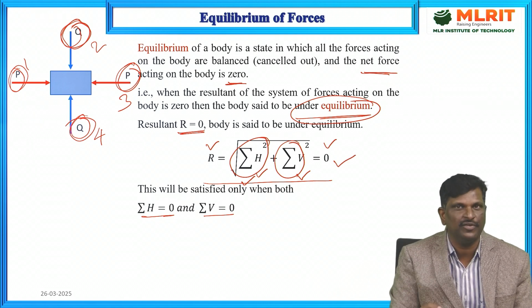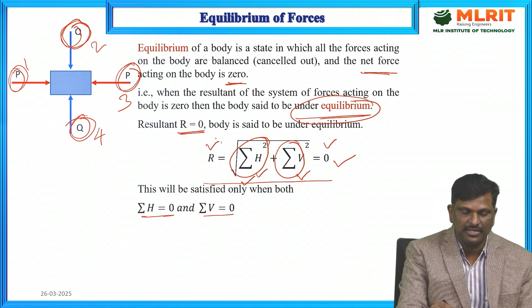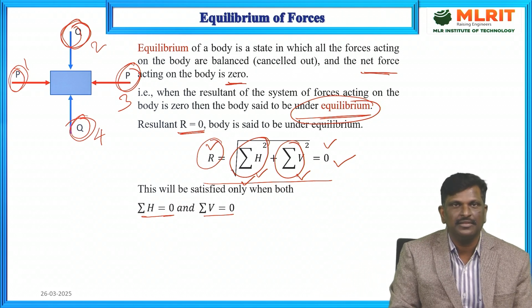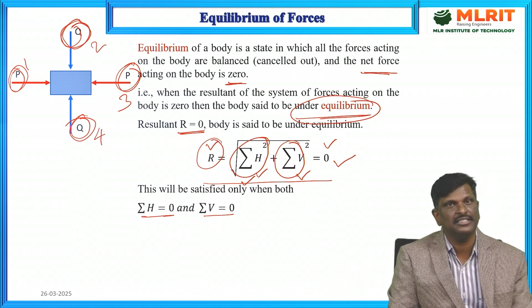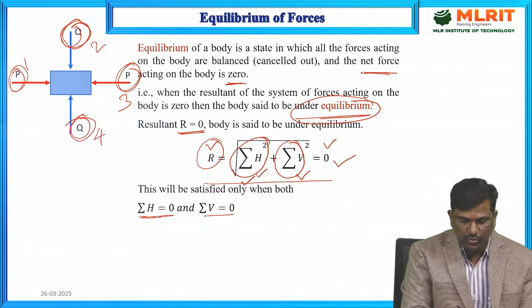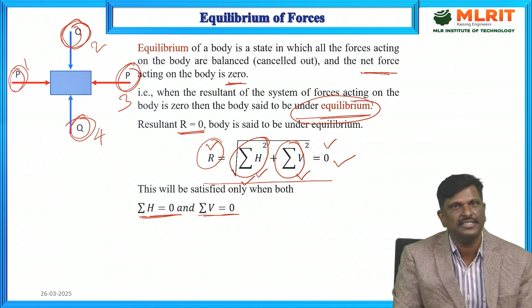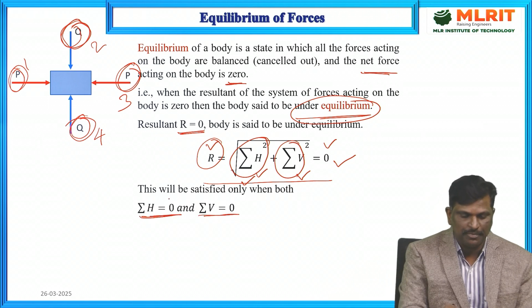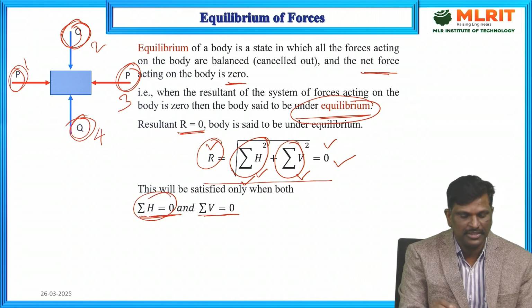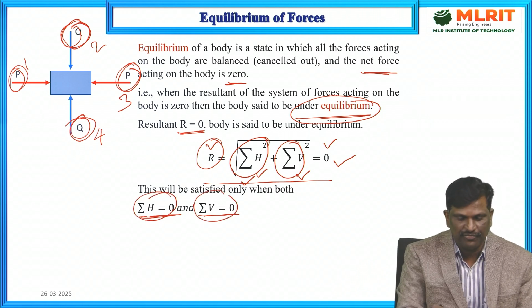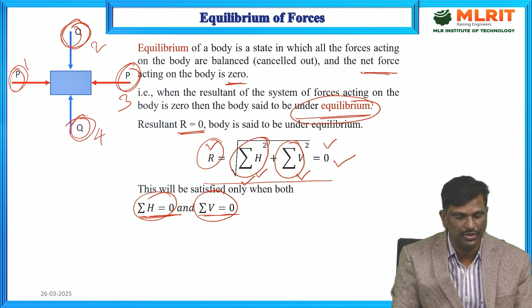Getting a value for the resultant means the forces are not balanced and there is an unbalanced force acting in that direction. Now, if these two, ΣH and ΣV, are 0, that means the algebraic sum of the forces acting in the horizontal direction and the algebraic sum of the forces acting in the vertical direction is 0, then the resultant becomes 0.